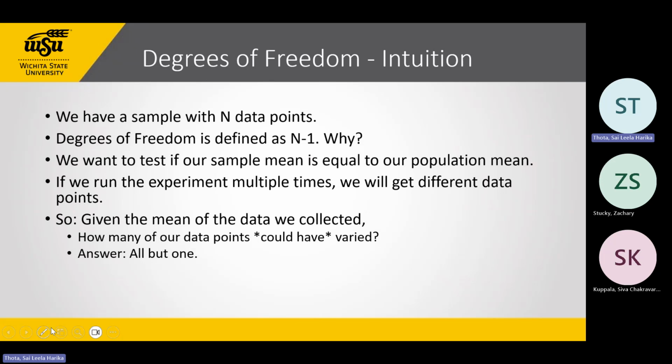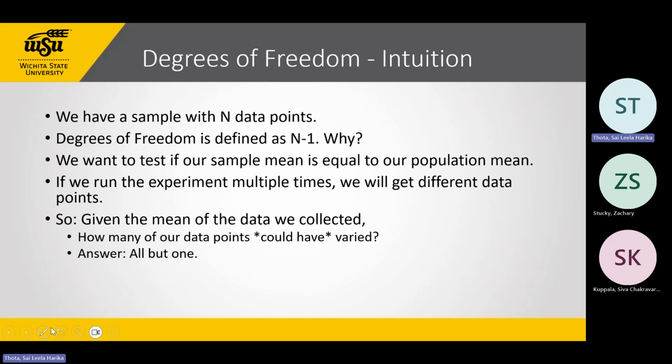That is the reason it is n minus 1. We want to test if our sample mean is equal to our population mean. So we are doing analysis on the sample, and based upon that we will make analysis for the population, right? How are we going to do that? First we will analyze whether the sample mean is equal to the population mean.